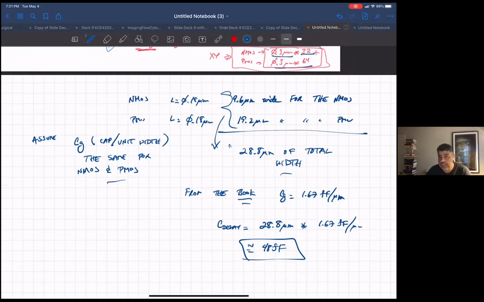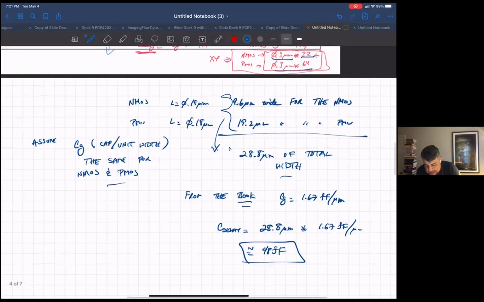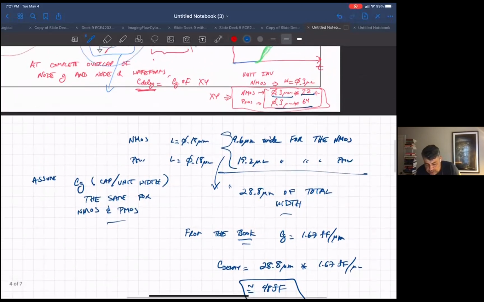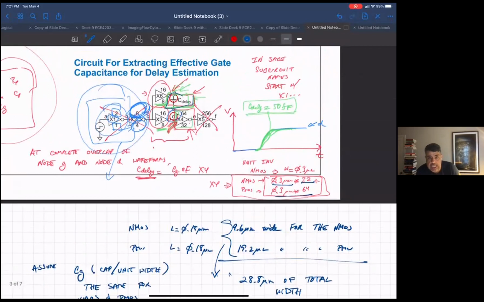Now, it'll be a little different for you than what's in the book. They're probably using slightly different SPICE models, which are not part of some Bible. They probably got it from some other place, and maybe their parasitics are different. So there could be a lot of reasons why it won't be exactly 48 femtofarads for C delay.